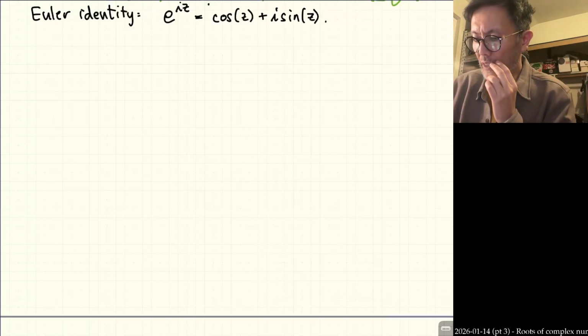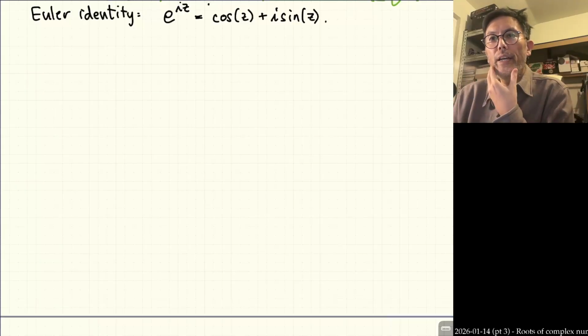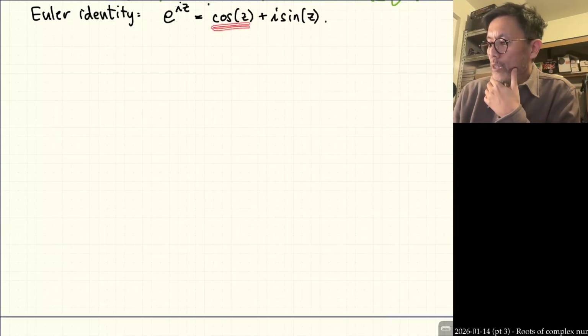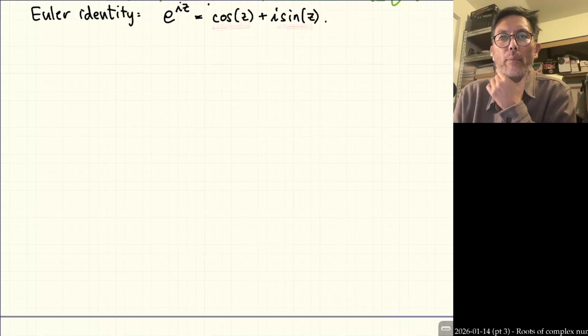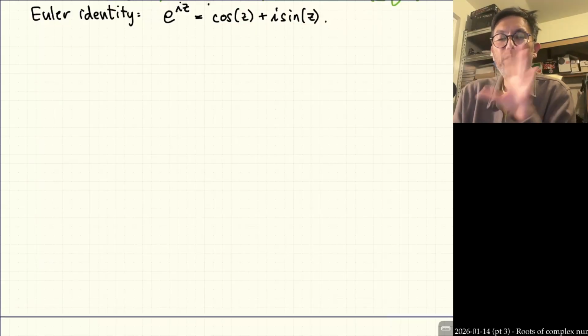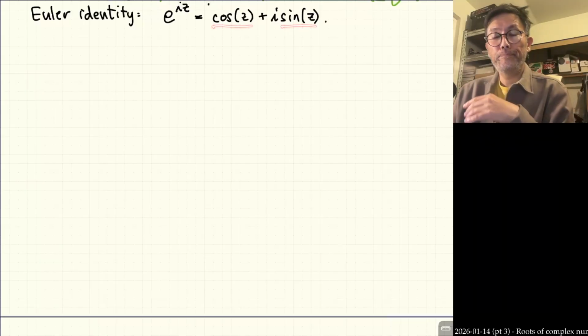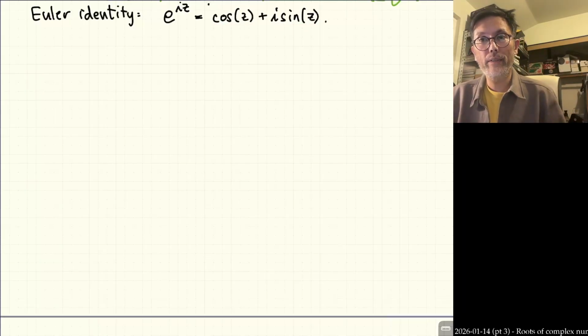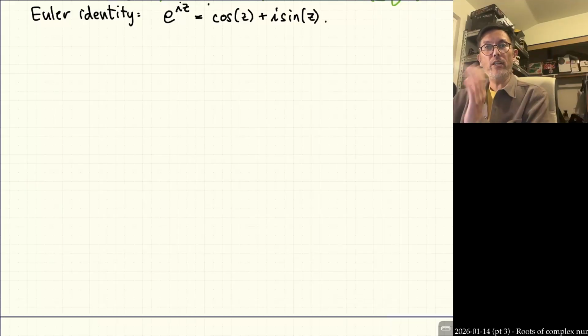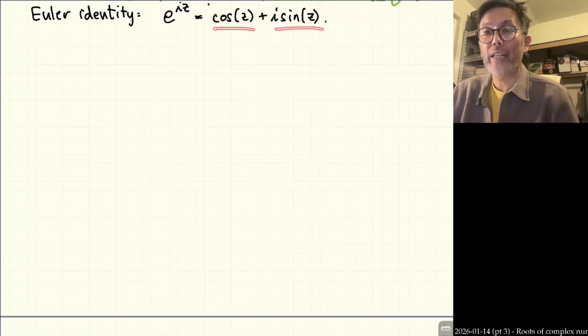Now, one thing to emphasize is that if z happens to be a real number, then we know something from trigonometry about these functions, cosine and sine. If z is a real number, we know that these functions are 2 pi periodic, meaning that we can shift the value of z by 2 pi and not affect either cosine or sine.